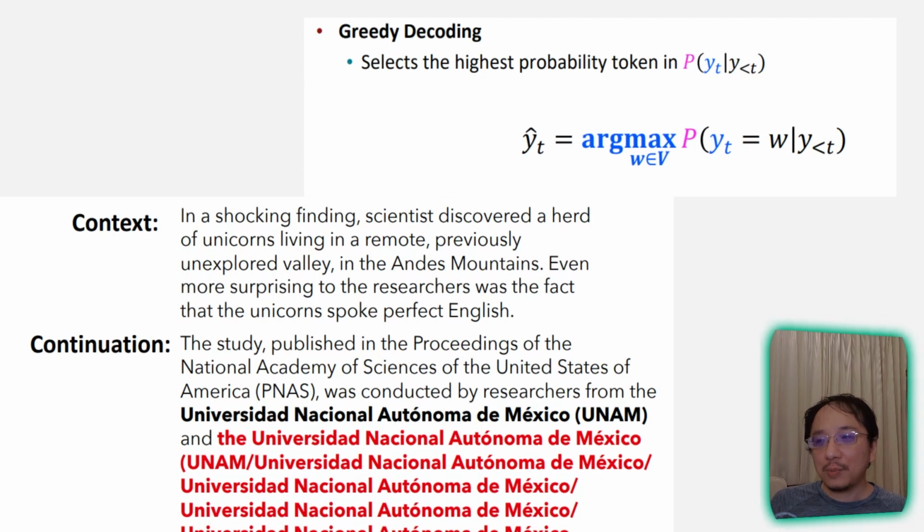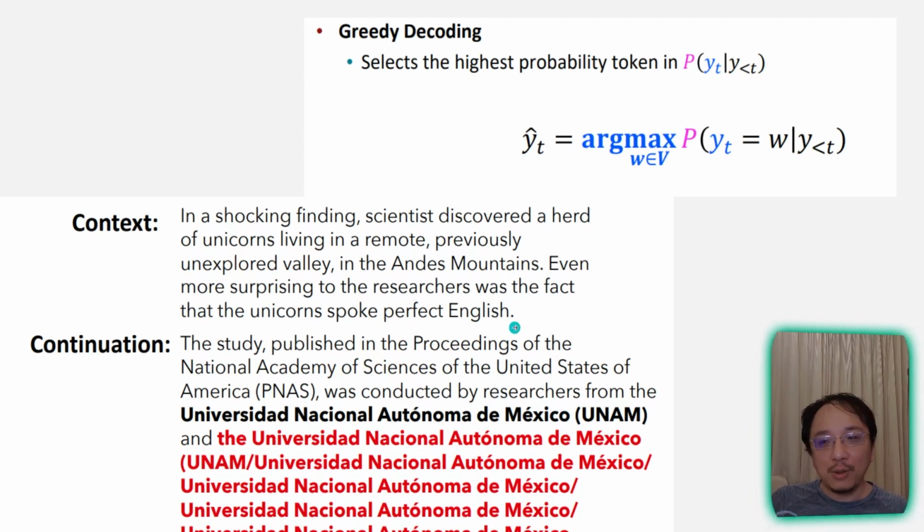However, if you do so, you're going to eventually generate repeated words. This one is a typical example. Even if you generate the words randomly, you probably still encounter this repeated word situation.